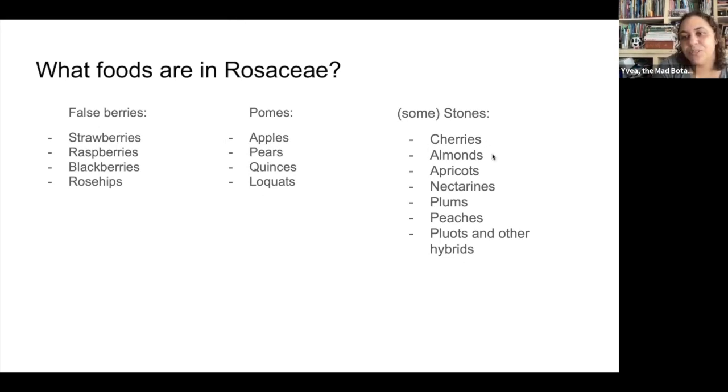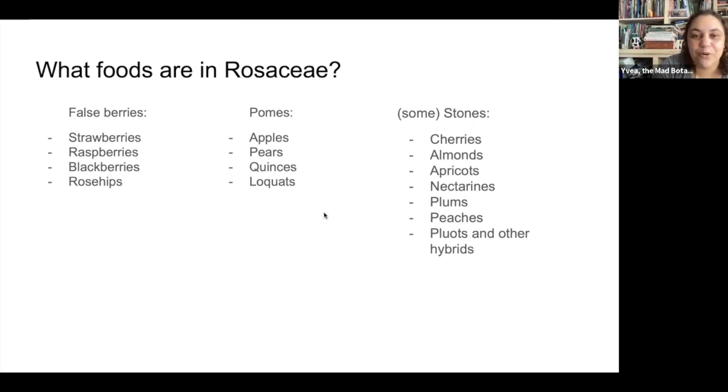And then our stones here, this was what was in what we call Amygdaloideae. And so now this is the main subfamily, and the Maloideae got put inside of it, and it's all confusing and named tribes, and I'm still not sure exactly what they're all called. But this was how I originally learned the subfamilies, and for me, that makes it easier to see the differences, to remember these traits. So let's go into it a little bit more. Pom is Latin for apple or fruit. Thank you. That's good to know.